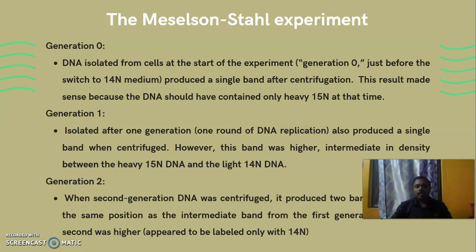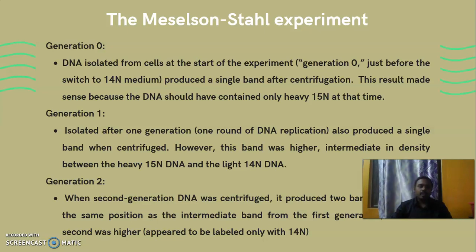Finally, they collected samples at different generation intervals and observed the bands that appeared after performing density gradient centrifugation. The first is generation 0, where the cells were grown completely in the N15 heavy isotope.